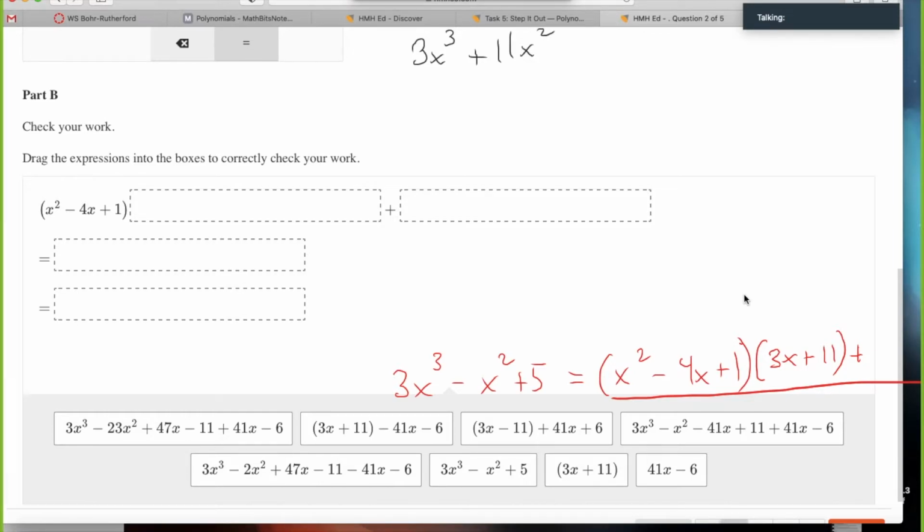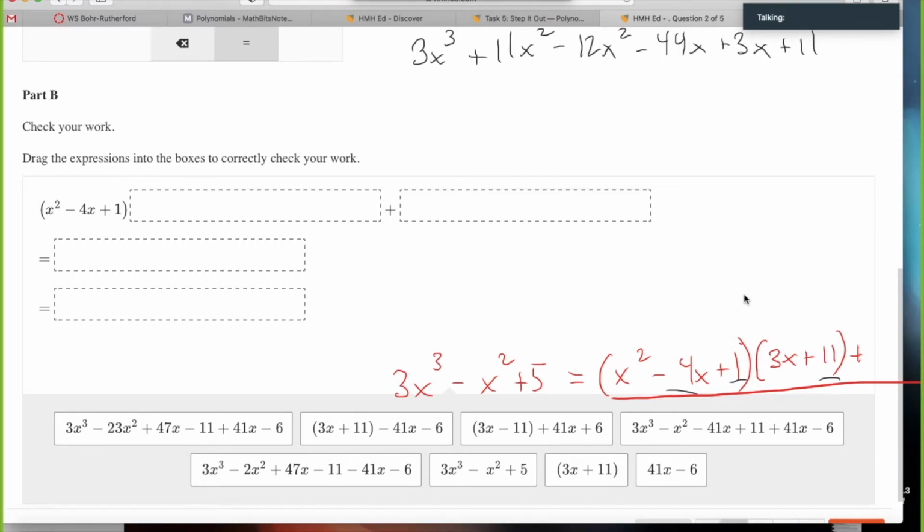Then negative 4x times 3x is going to be negative 12x squared. Negative 4 times 11, negative 44x. Then we have to do our 1. So our 1 times 3x is plus 3x, and then our 1 times 11 is plus 11, and what the heck was our remainder?